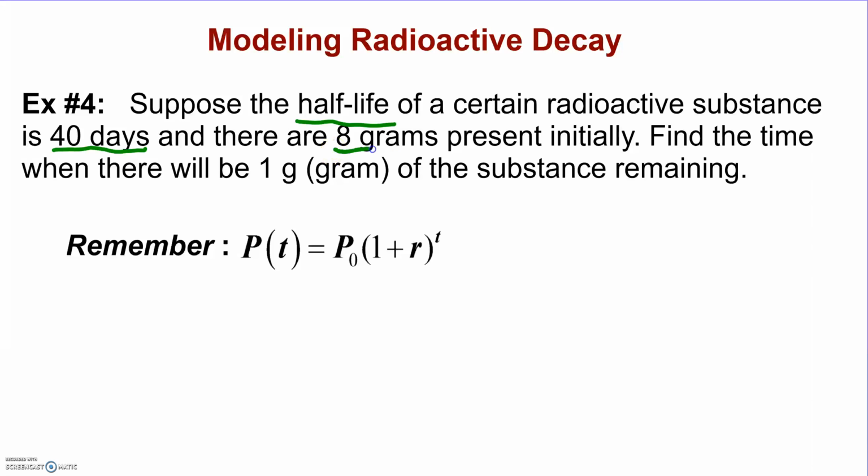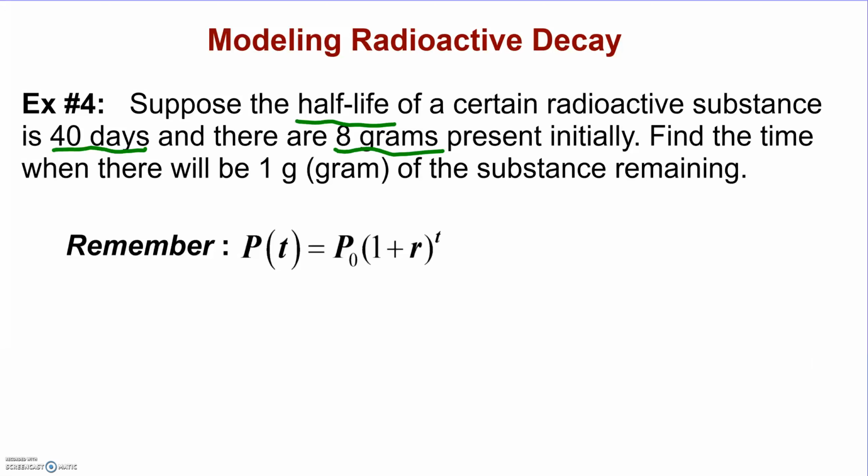There are 8 grams present initially, so that's how much you have at the beginning. So after 40 days, you would be down to only 4 grams, and so on as you go down the line. It says, find the time when there will be 1 gram of the substance remaining. So it just keeps halving over and over again.